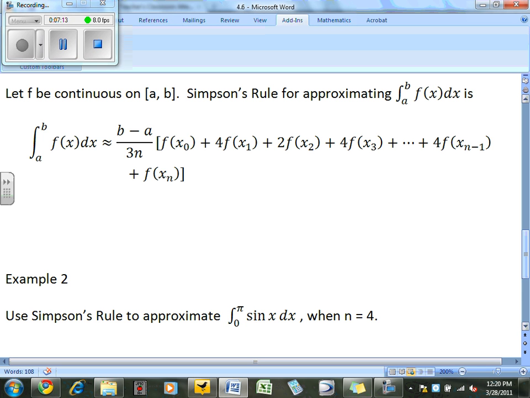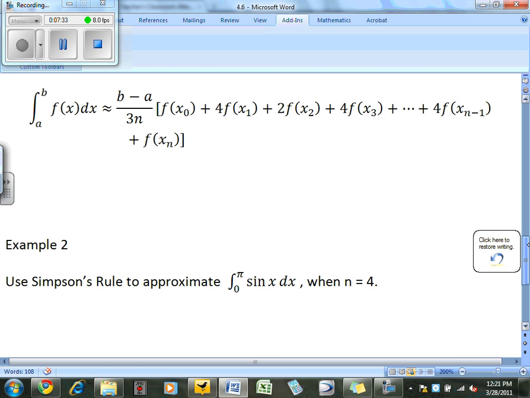Notice now how this alternates. There's a 1 at the beginning, then it goes 4, 2, 4, 2, 4, 2, 4, 2, all the way to your last term, which is just a 1 again. If that pattern helps you remember the formula, good, and you'll be able to write these formulas down and use them. I'm not going to ask you to memorize these.